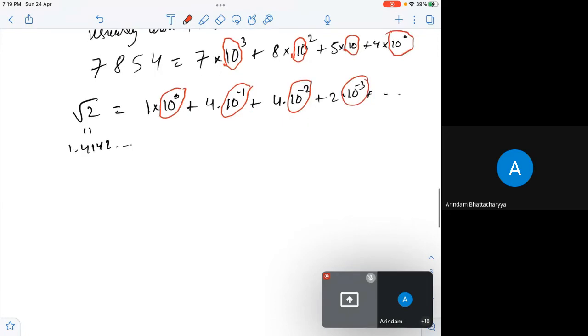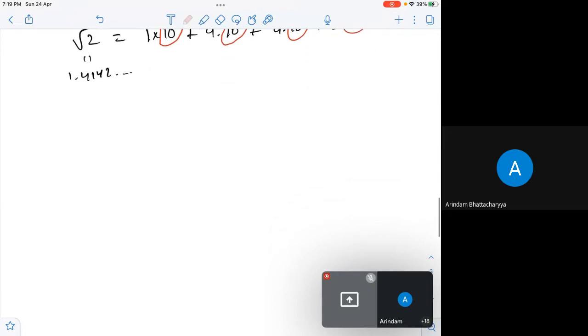We can easily write down things in other bases. 7 in base 10, I can write it down as 1 times 2 square plus 1 times 2 power 1 plus 1 times 2 power 0. So this is 111 in base 2. Does this make sense?